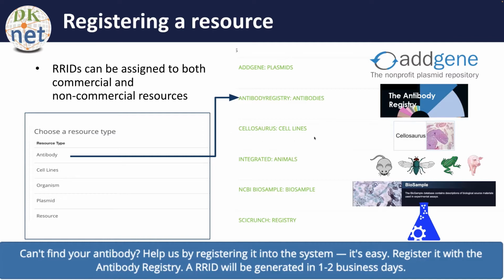Cell lines, you would go through Cellosaurus and ICLAC to register the cell line. For organisms, you'd go to the specific community authority where that organism is managed. And for NCBI biosamples, this is something you would do through NCBI, and there is some guidance we would give you there as well in terms of how that would need to be done.